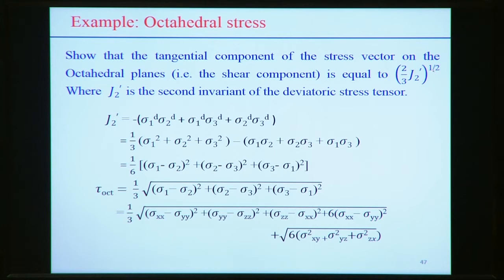So here the stress invariant is represented in terms of J2. Sometimes we use I2 also, and sometimes we use the stress invariant in terms of J as well. J2 dot is the second invariant of the deviatoric stress component. I will come later to what the deviatoric stress component is.